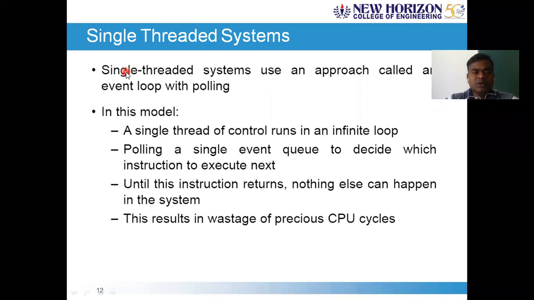We'll explore the details of the single-threaded model, what we call polling. Single-threaded systems use an approach called an event loop with polling, which means if a process is reserved the central processing unit to complete its task, the process completes by executing the set of instructions associated with it, until all of them are done.